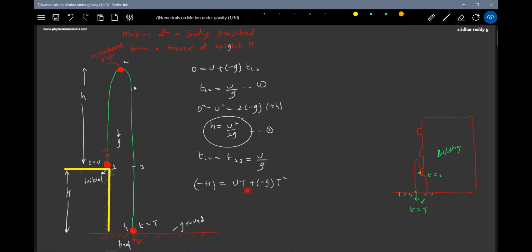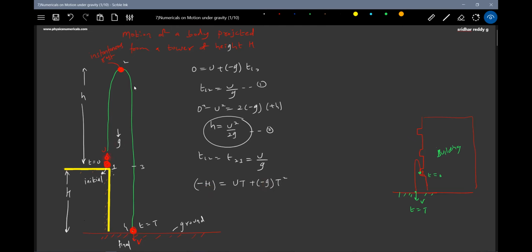When you're using equations of motion, you have to substitute the quantities like velocity, displacement and acceleration with their signs. So what is the sign convention here? Look first at the displacement. It is opposite to the initial velocity, which is u upward, so therefore minus h. Then what about gravity?